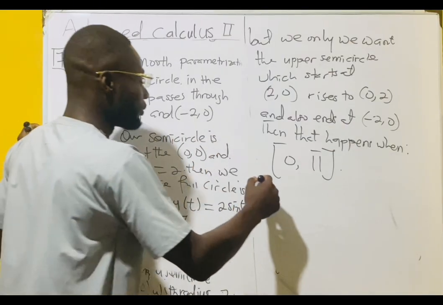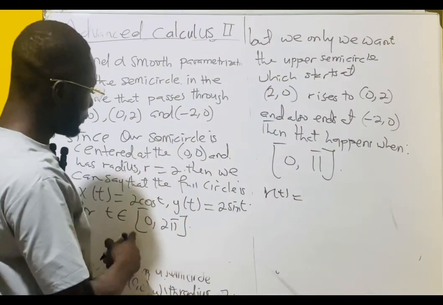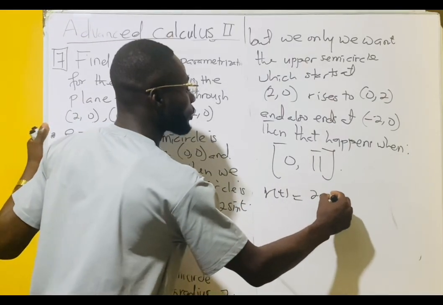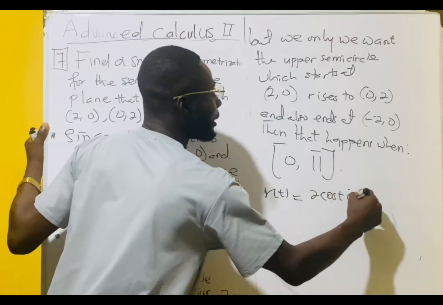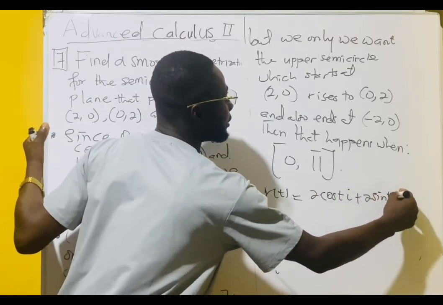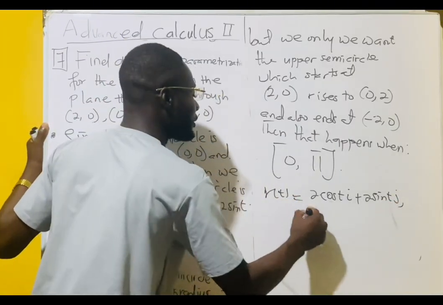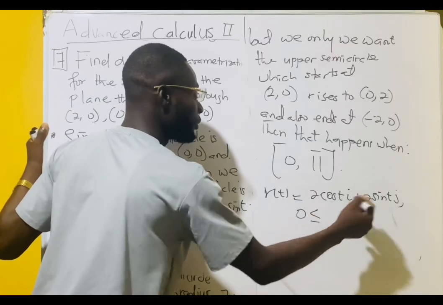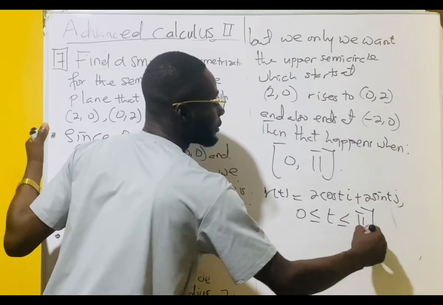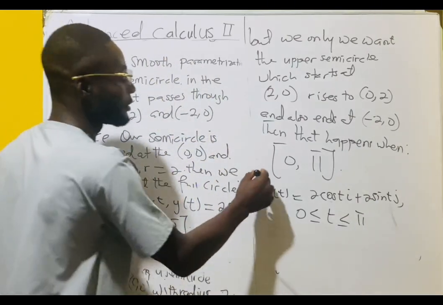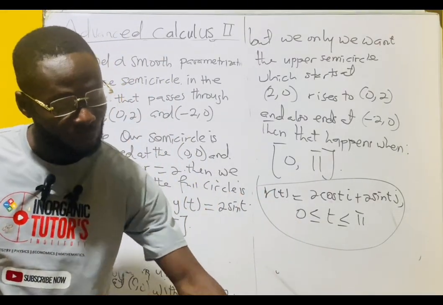So we're going to say that our r of t will be equal to 2 cos t i plus 2 sine t j on the range 0 less than or equal to t less than or equal to pi. So this is our smooth parameterization for this question.